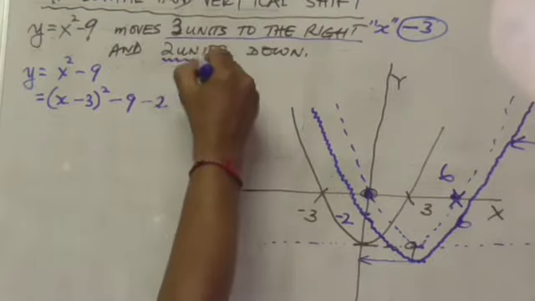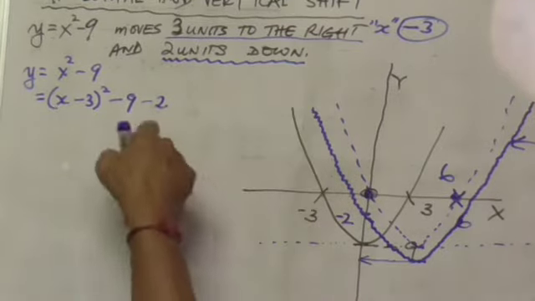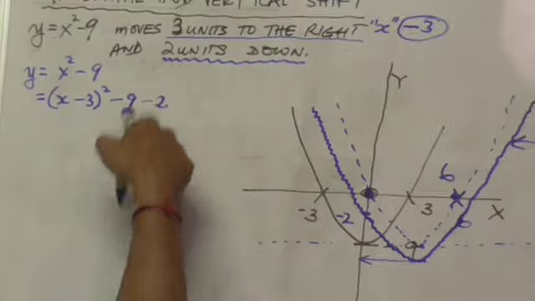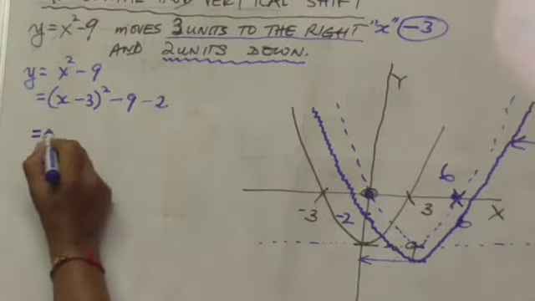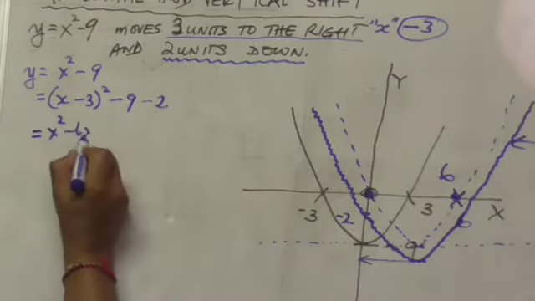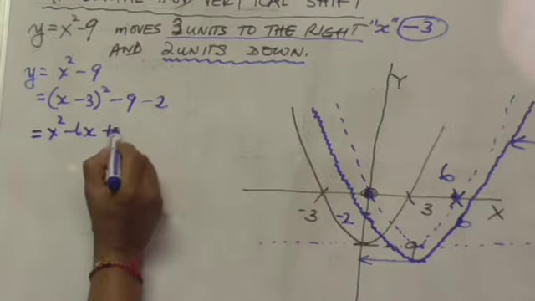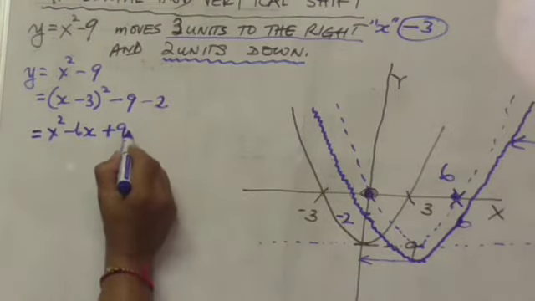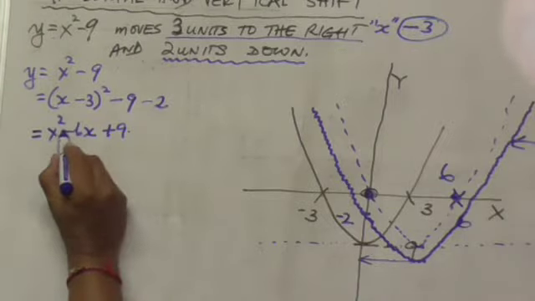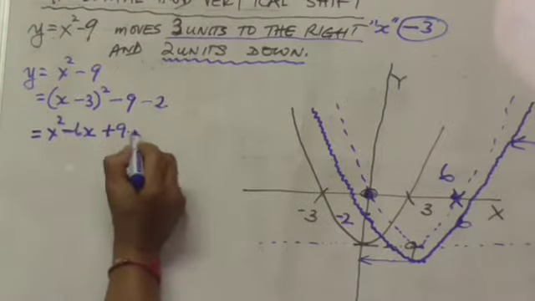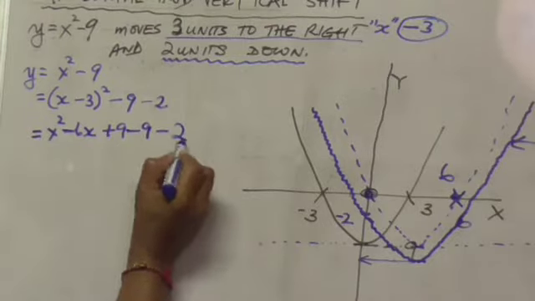This one affects only the c. So the c will reduce by 2. Well, let's see what is the final answer. That will give you x squared minus 6x plus 9 minus 9 minus 2.